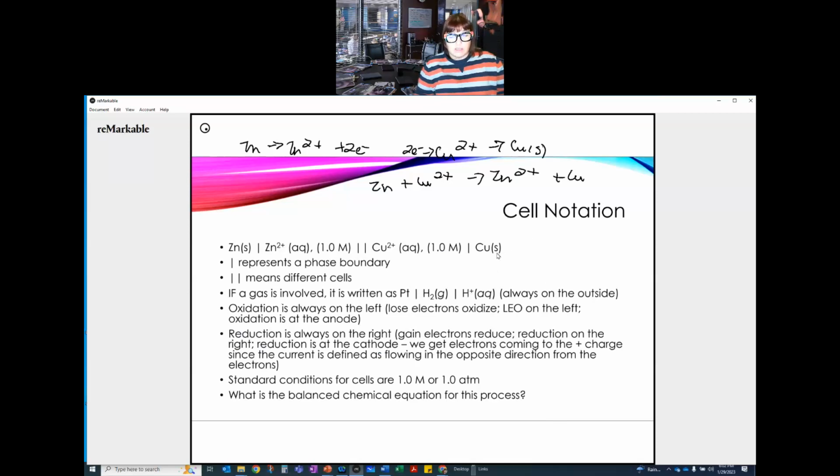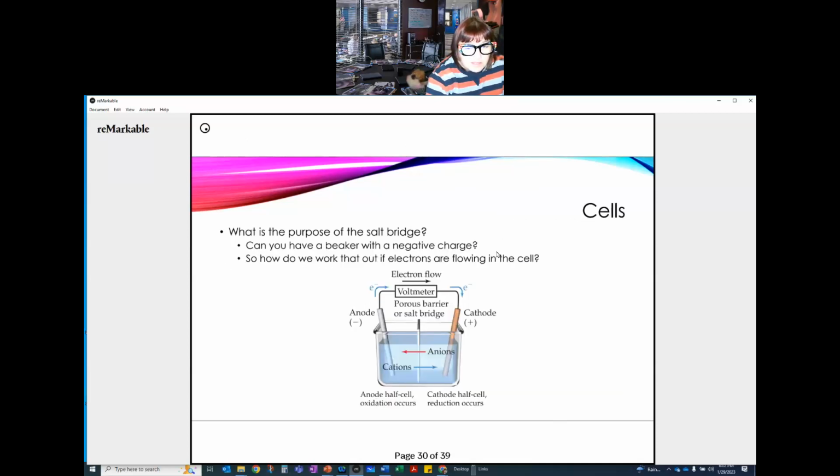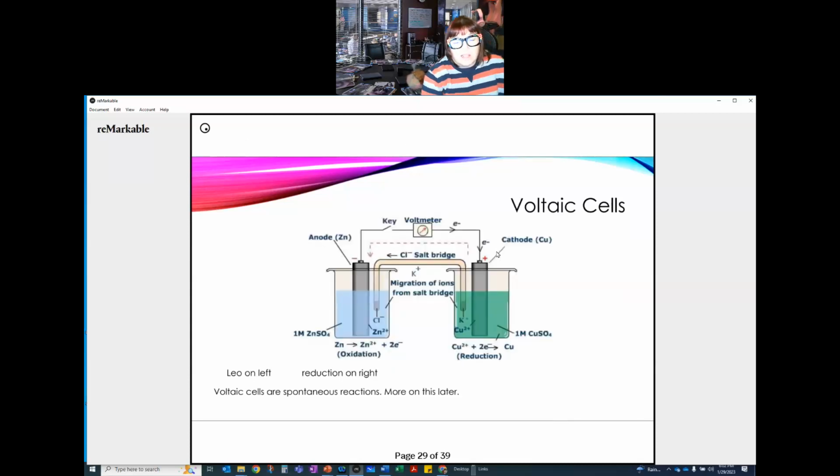You'll need to be able to write a cell notation given a drawing like this. I'm not going to use that one because we didn't talk about it. This is actually the one that we had the cell notation for before. So I know that I have Zn solid, phase boundary to Zn2+, that's aqueous, 1.0 molar.